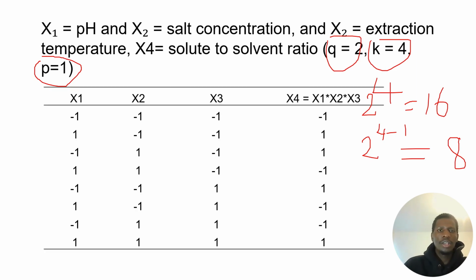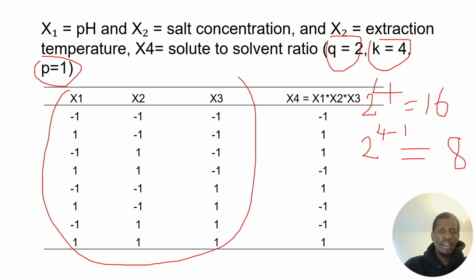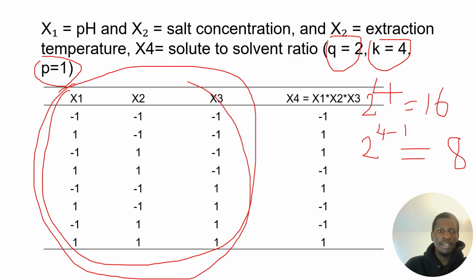Again, you have to start by building a full factorial design for 3 factors at 2 levels. It is very easy starting from that basis because you know you need just 8 experiments. If we do that, we are going to have this series of experiments.